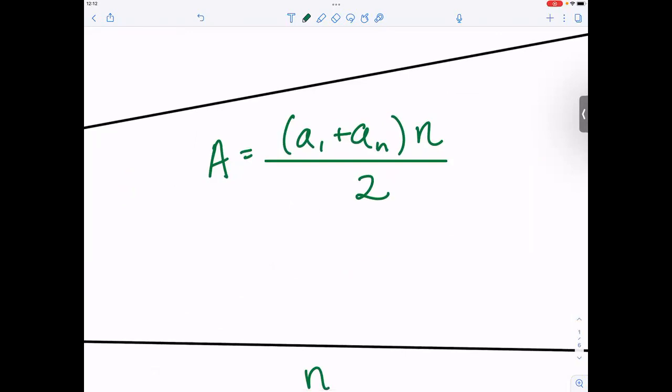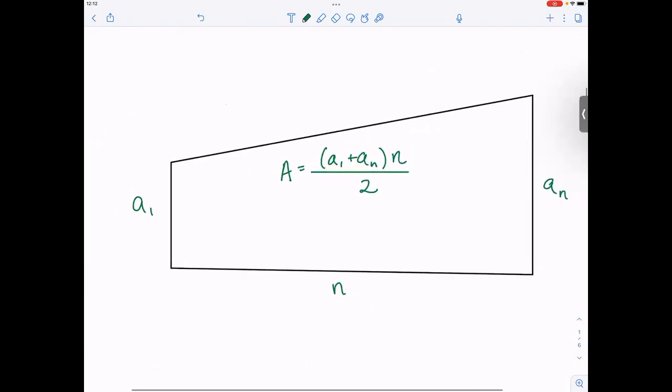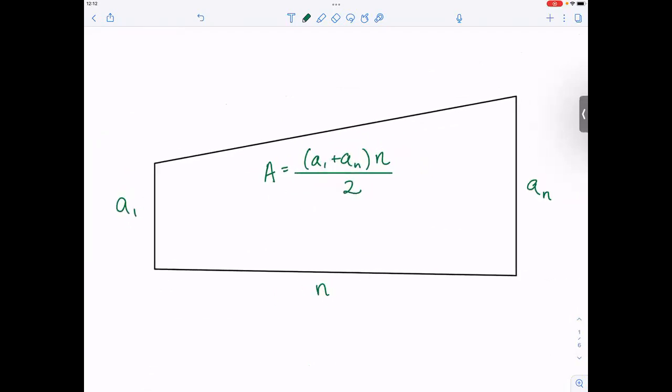Okay. So what I want to introduce to you is actually a very simple idea, but for some reason they don't talk about it textbook-wise. And this idea is actually very crucial when you go to the next course, which is calculus. So what we're doing here is we're trying to add up some numbers.